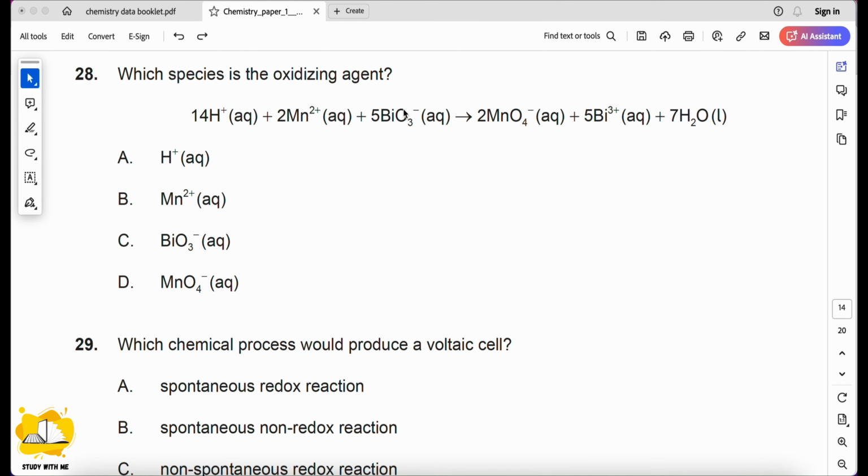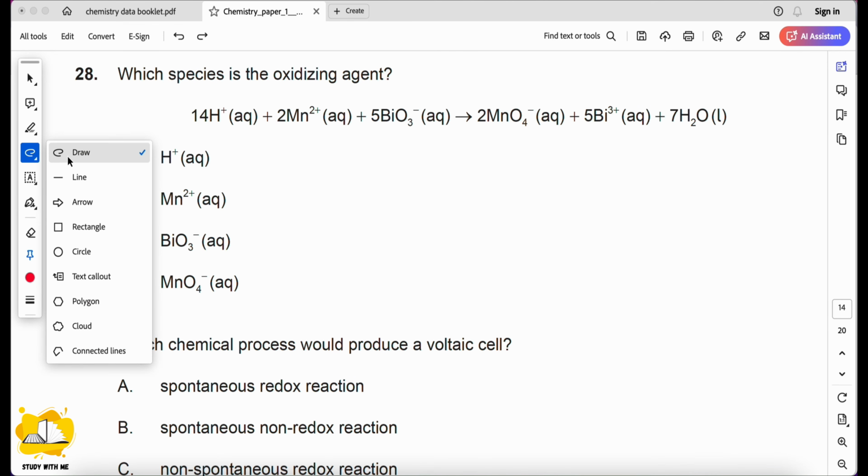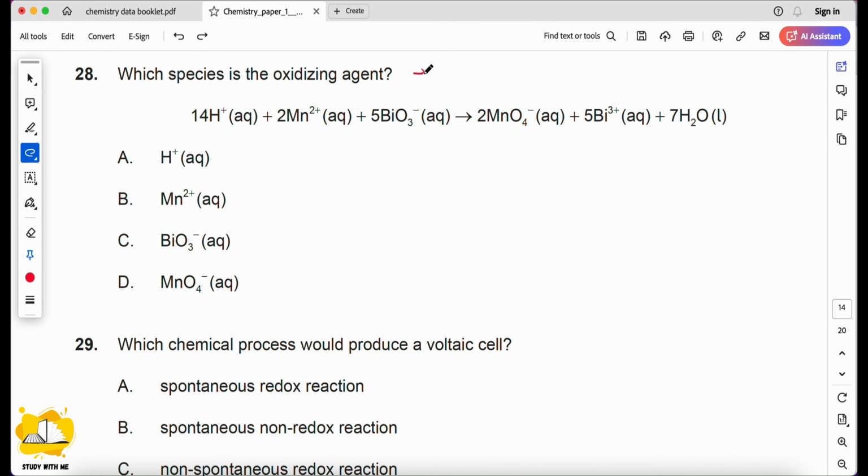Which species is the oxidizing agent? If it's an oxidizing agent, it will experience reduction. Okay, so Mn2+, and this will be -1. So O3, O is -2 times 3, so -6.